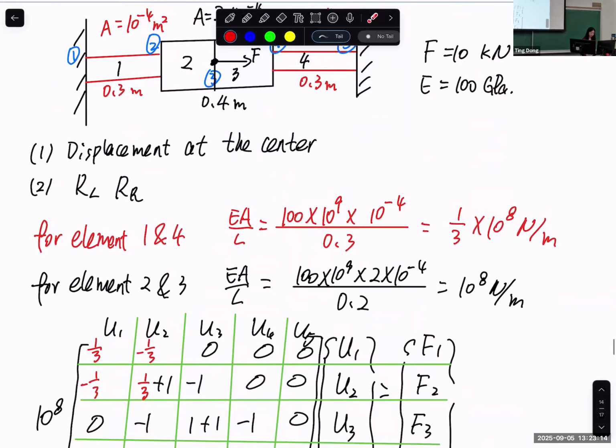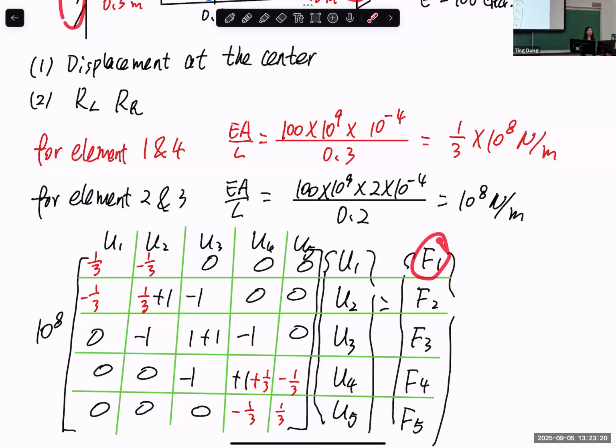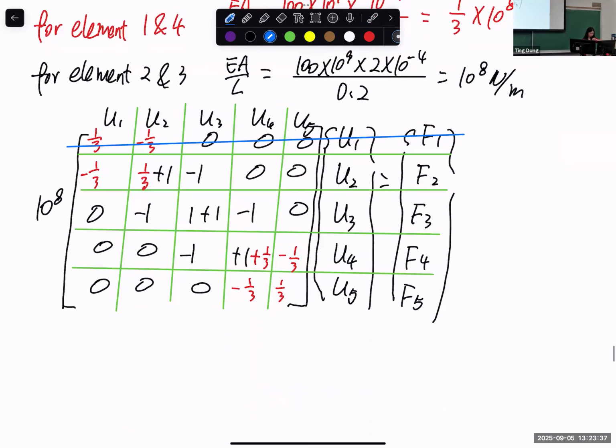Applying the boundary condition: since the boundary conditions are at node 1 and node 5, all the reaction forces in FEA are considered unknown forces. So this F1 is unknown. It's not helpful for our calculation. Same as what we did before, we can remove this row. Similarly, F5, the reaction force, is unknown.